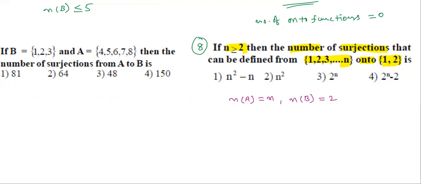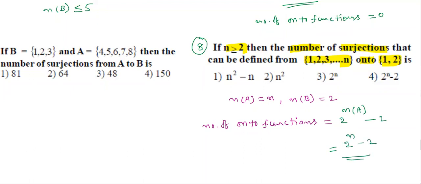When n(B) has exactly 2 elements, what is the formula for the number of onto functions? It is 2 power n(A) minus 2. n(A) means n, so 2 power n minus 2.